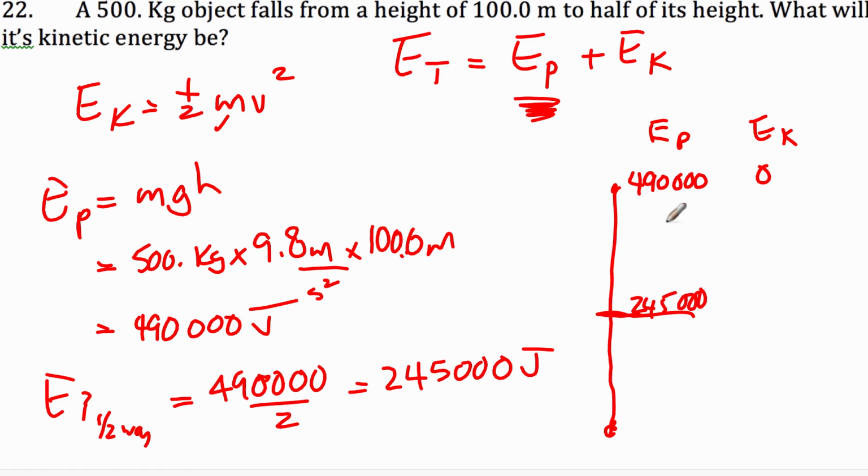In the middle, though, these things go opposite directions, right? Potential decreases, but kinetic increases because it's going faster. But all the time, these two have to add up to a constant of, in this case, 490,000 joules. So the kinetic energy halfway down has got to be 245,000. And that was what the question would be. So that would be my answer.